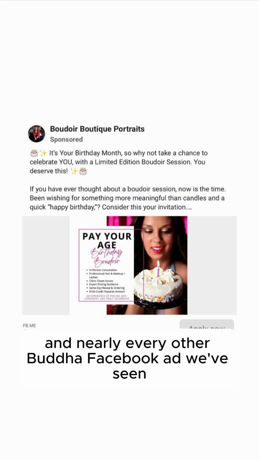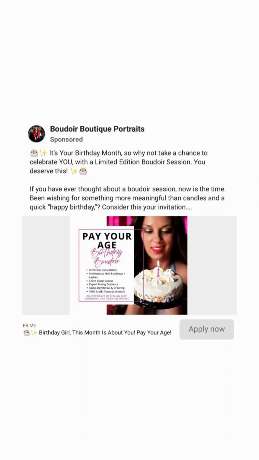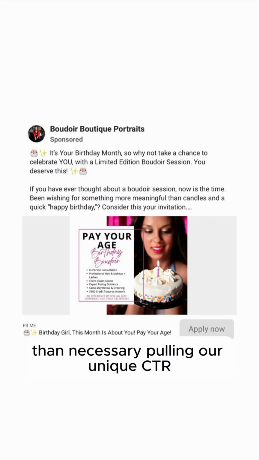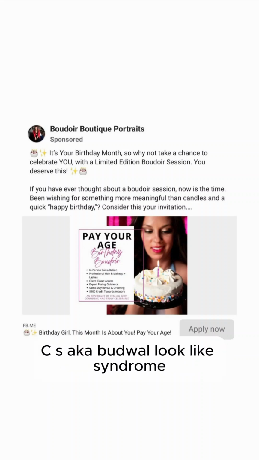And nearly every other Boudoir Facebook ad we've seen, nearly all of them look like ads. The consequence of this, when we make ourselves look like ads, is way more women scroll by our ad than necessary, pulling our unique CTR under 6% and contributing to BLCS, aka Boudoir low click syndrome.